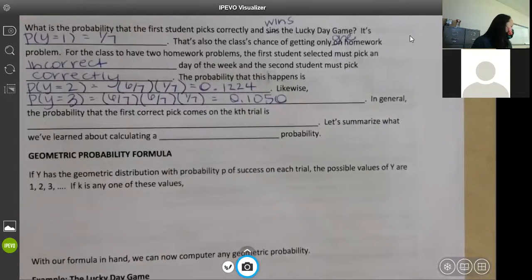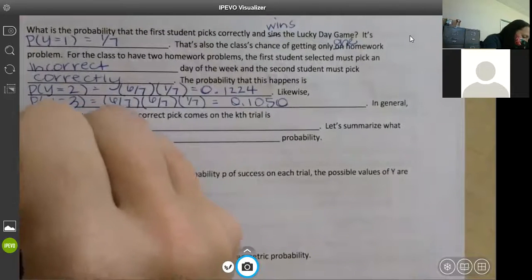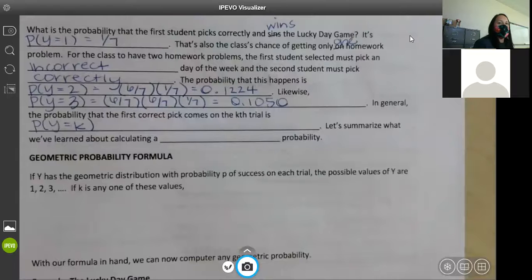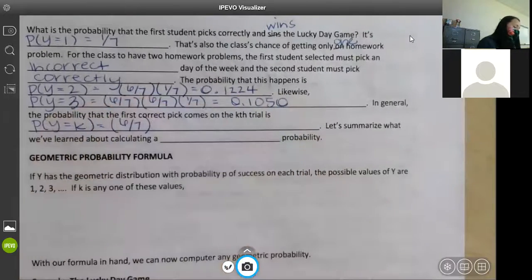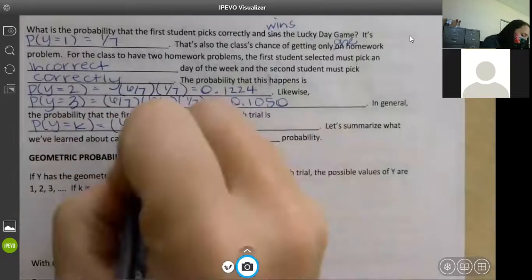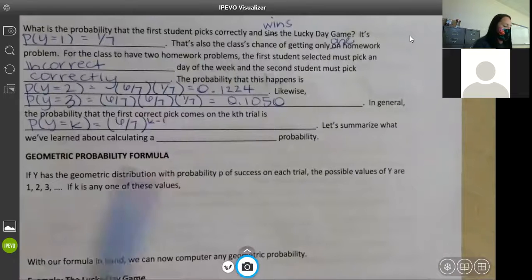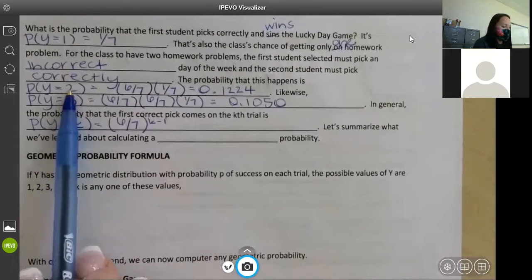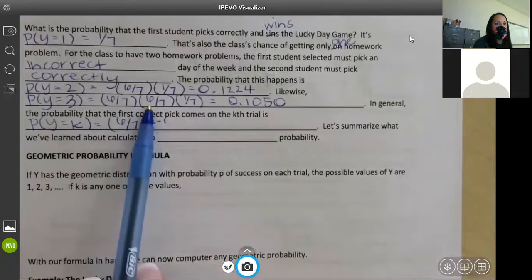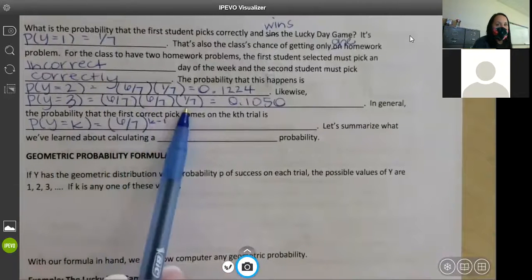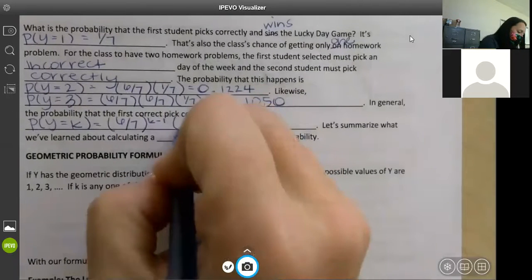The probability that the first correct pick comes on the kth trial is, just a general equation, 6/7, your probability of failure, to the k minus 1. If you look at both of these, if we picked 2, we have 6/7 to the 2 minus 1, and then here, if we're picking 3, 3 minus 1 is 2 failures and then a success. So 1 less failure, and then your success.